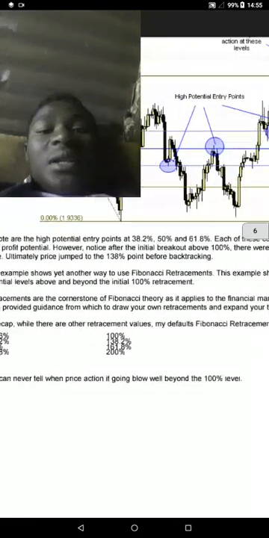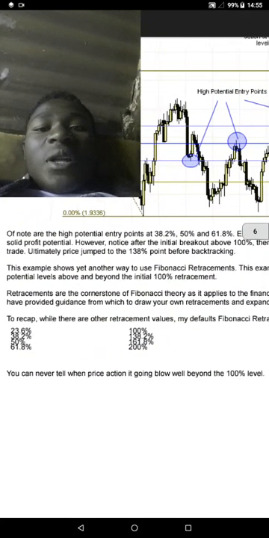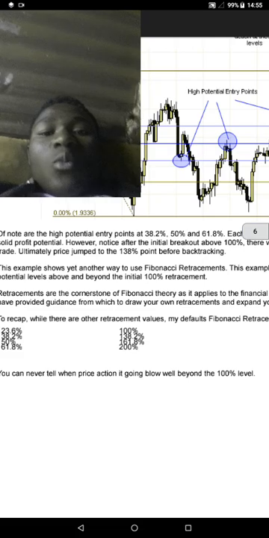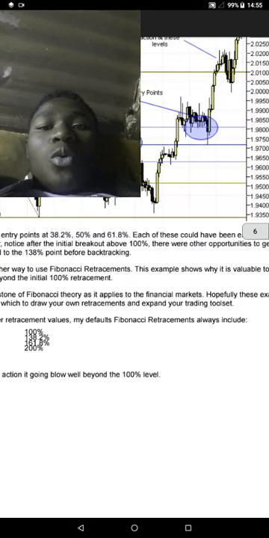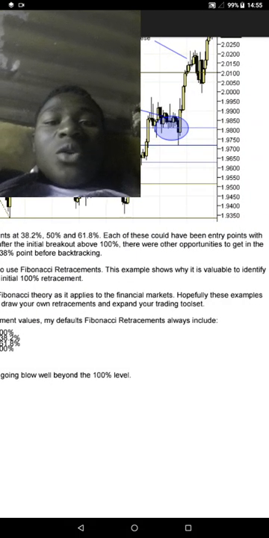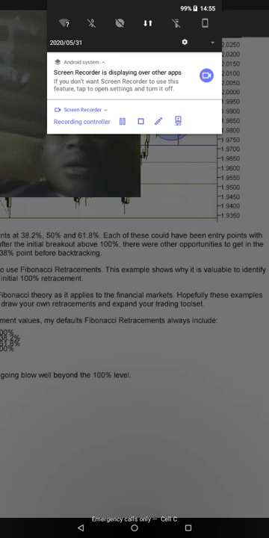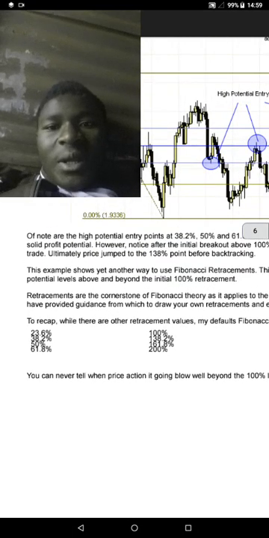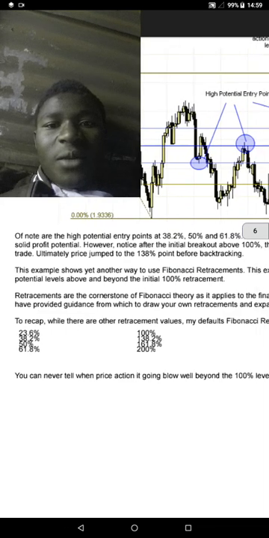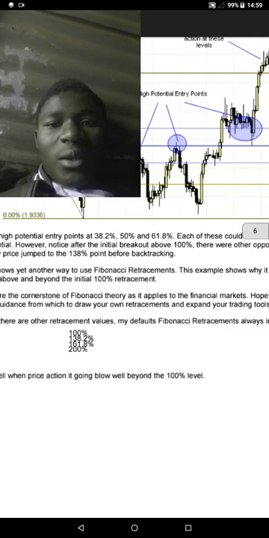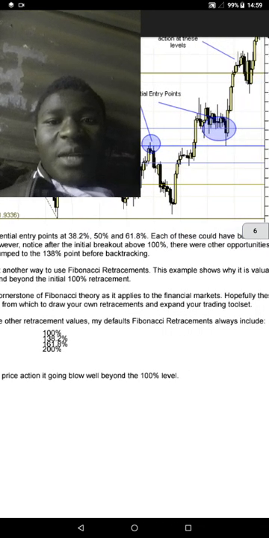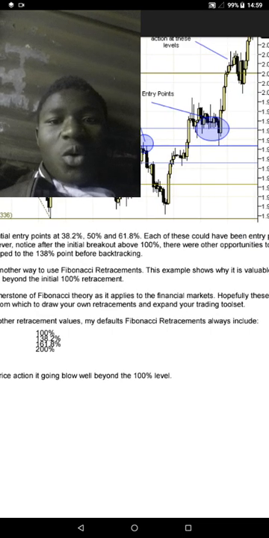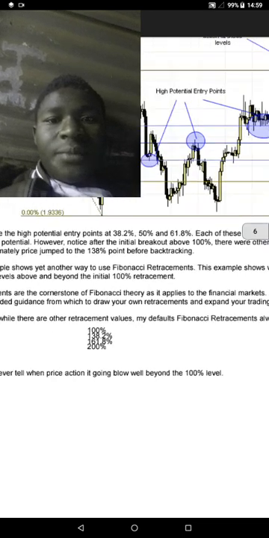Hopefully, these examples have proven a guidance from which to draw your own retracements and expand your trading toolset.